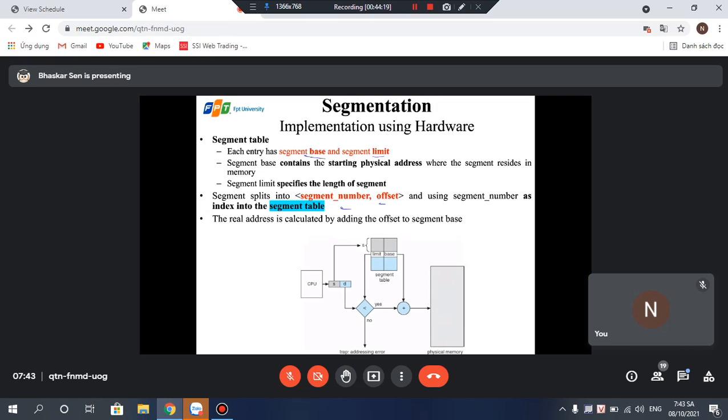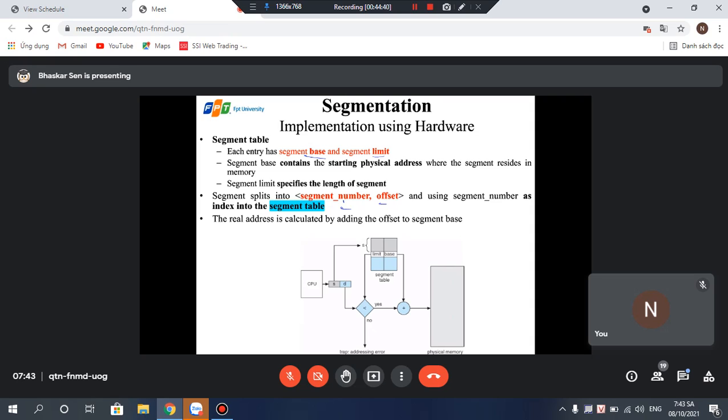The first thing checked is, with the segment number you know exactly which segment you're referring to. So by using the segment number as an index, you pick up that particular entry in the segment table.